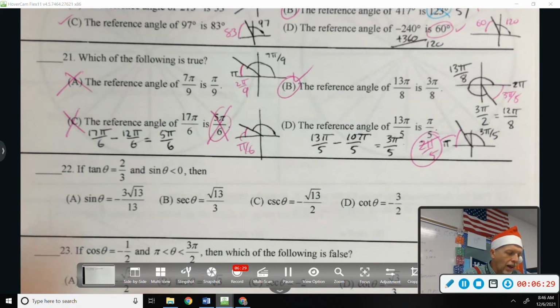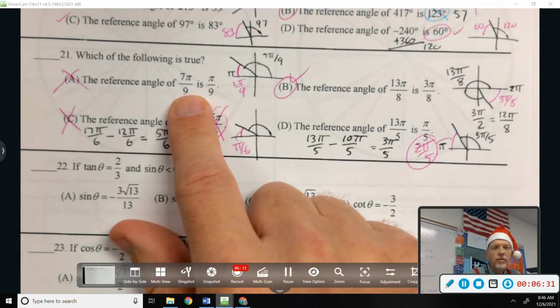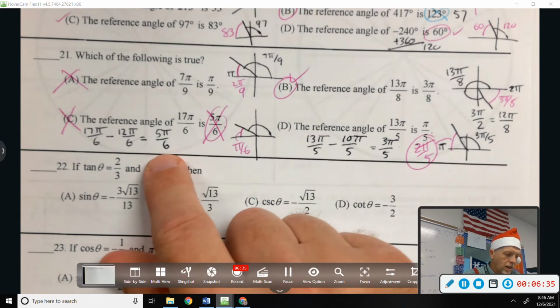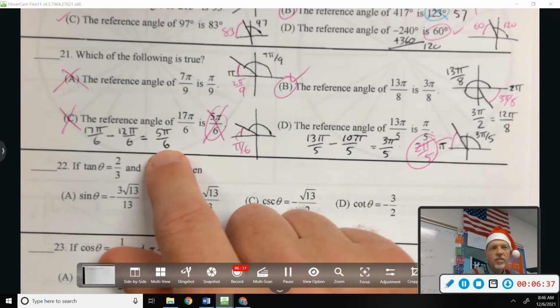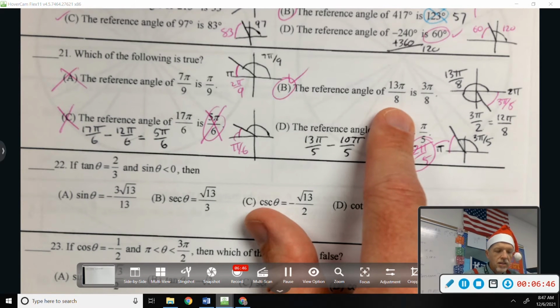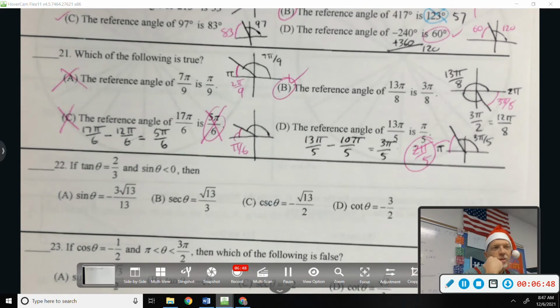I guess you could do that. We're 2/9 away from pi, so 2 pi over 9. This one we're only 1/6 away from pi. That one we're 3 away from 2 pi. Yeah, you could do it without the picture. Not recommended, but could be done.